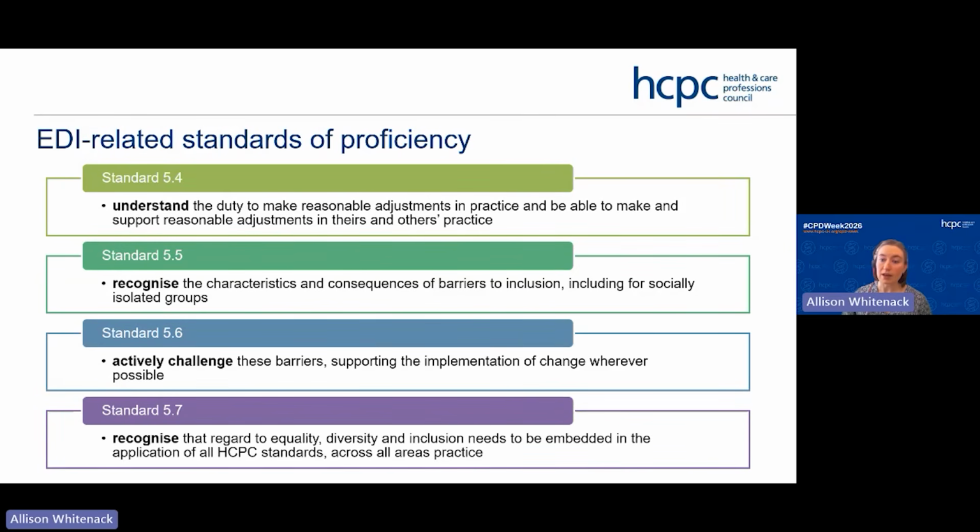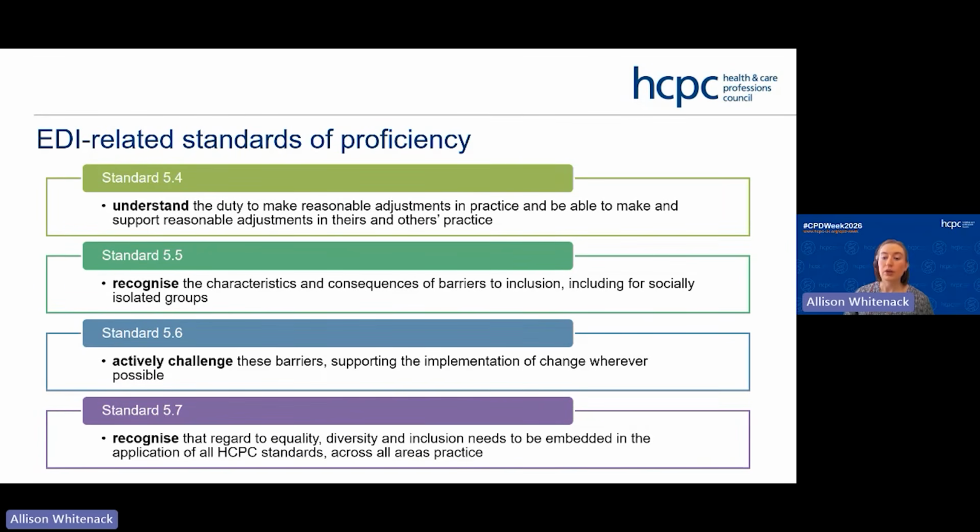Standard 5.5 sets the expectation that registrants actively consider the causes, indicators, and consequences of barriers to inclusion, which also helps to expand beyond just disability-related adjustments that may support everyone to engage. Ensuring that registrants take action to challenge these barriers is covered by Standard 5.6, and Standard 5.7 reminds registrants to read the standards of proficiency in their totality and to see the ways in which the standards interact with each other.